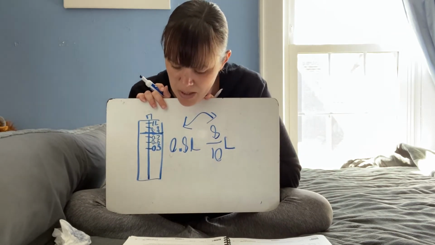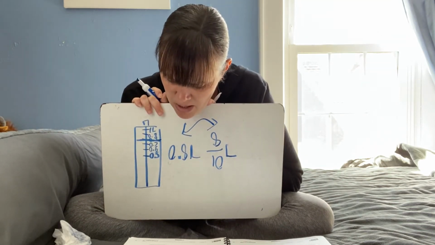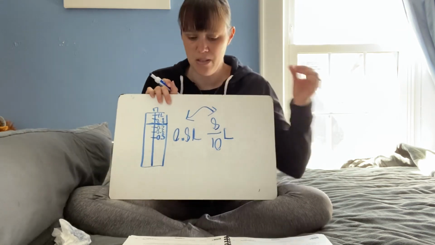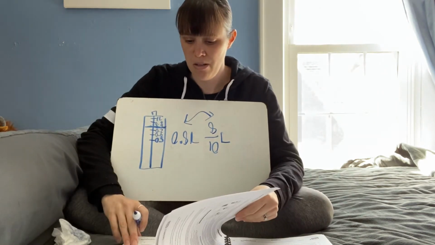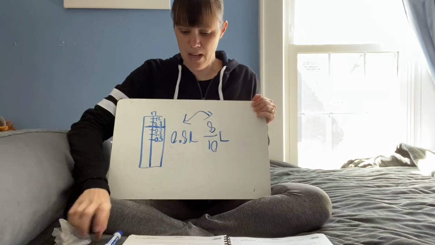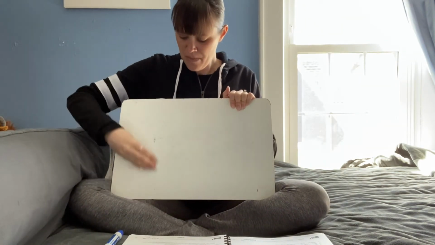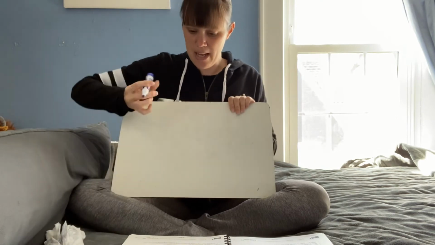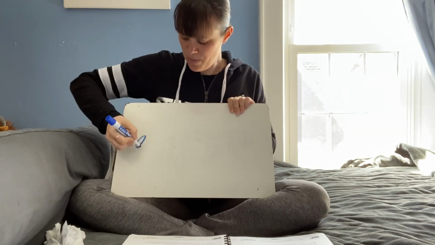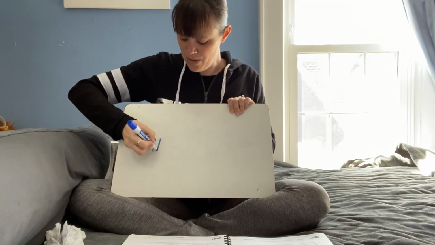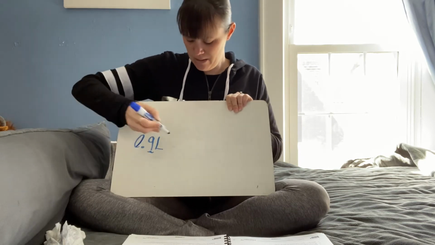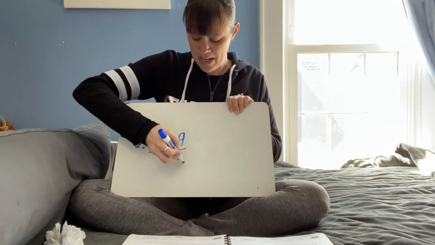Okay, the next one, they tell us the decimal form of it already. So that's 0.9. So let's work backwards. 0.9 liters means 9/10. So we can do our fraction.